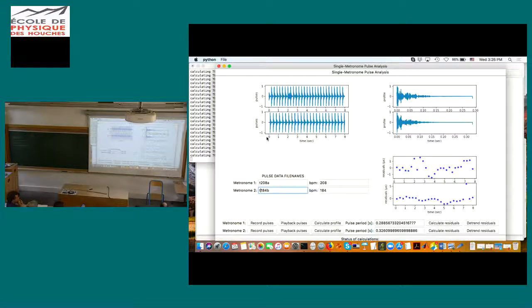Okay, so let's. Where's the glitch? Oh, okay. So let's see. Let's cross our fingers and this one here. 7.5 seconds. Okay, let's ignore that. So I'm going to close this. So we're done. The single metronome pulse analysis did what it needed to do.